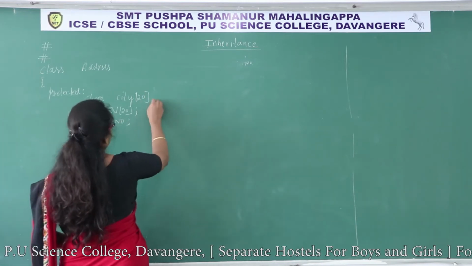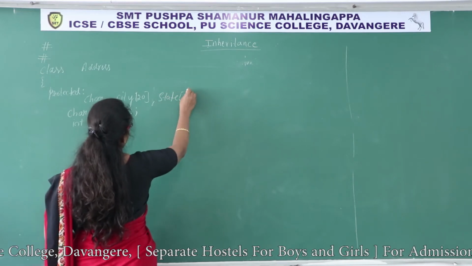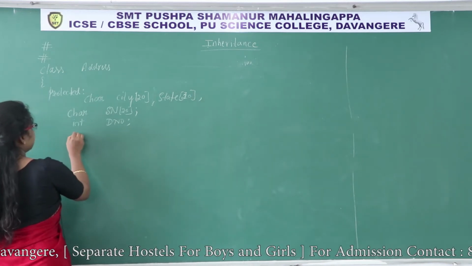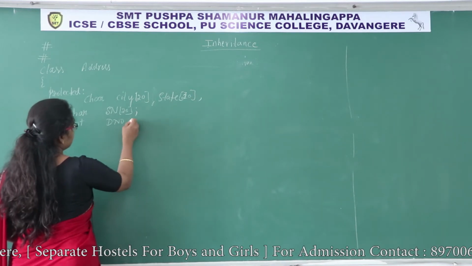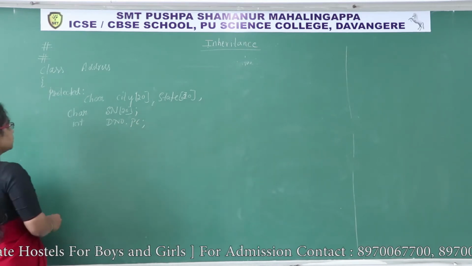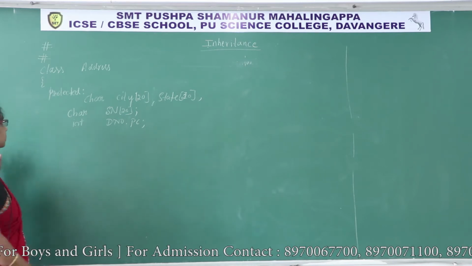Here I can take state 30. Here pin code also I'll take, integer type. So these are the common features that come under address.